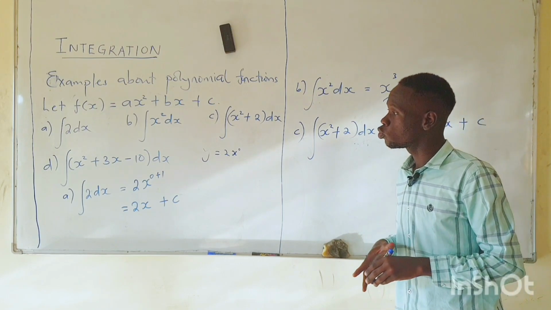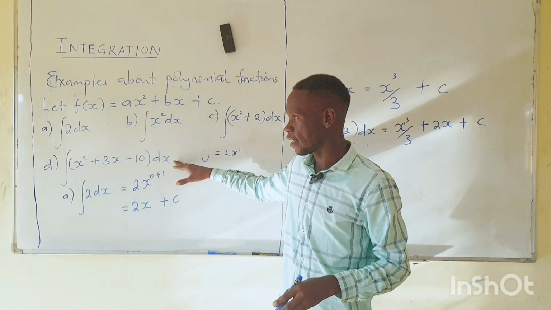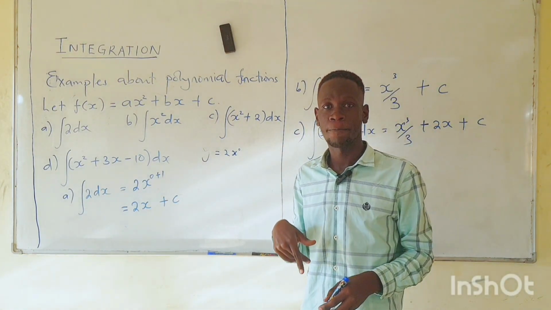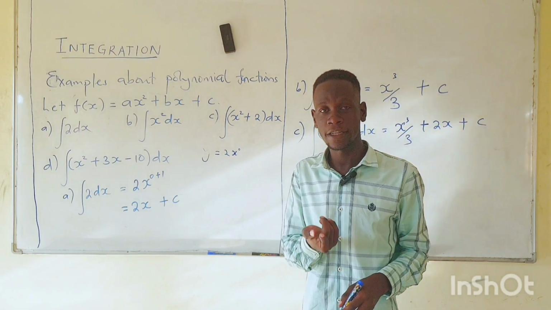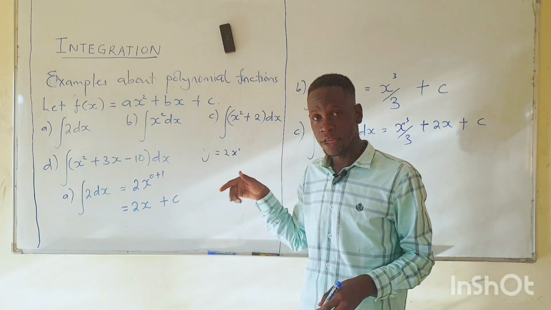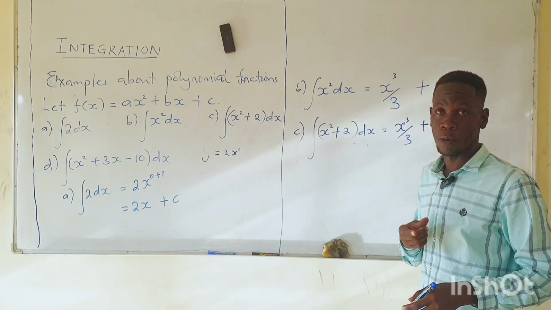Now, I charge you to try part D, and the answer you get, don't forget to comment in the comment section. If you find challenges, please, I urge you to put your query in the comment section. Now, this is a take home.